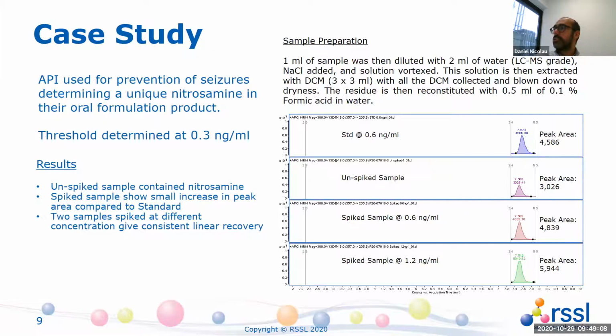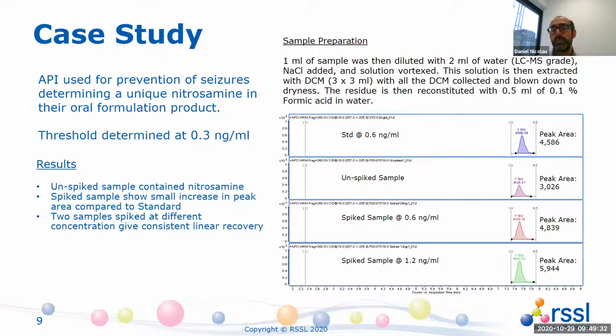I would like to provide you with all the details of a particular case study that I've experienced in the last year, but because of confidentiality, I'll limit the information that I have provided. All I can say is that in this particular sample, there was an API which is very common in the industry, used for prevention of seizures.